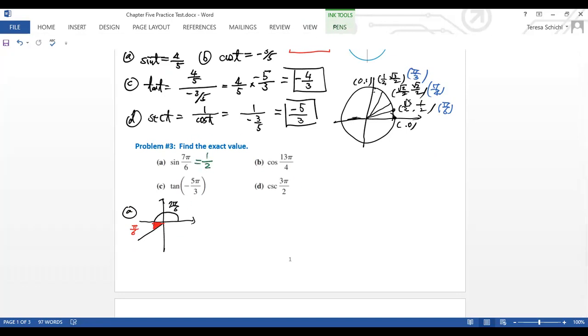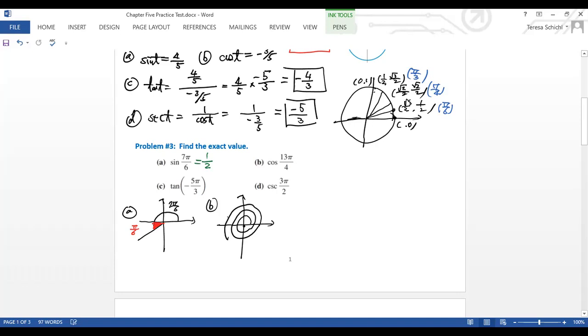Now let's take a look at part B here. B is 13 pi over 4. From here to here is 2 pi, to another circle is 4 pi, and then 5 pi.